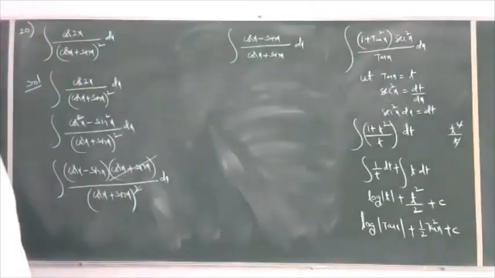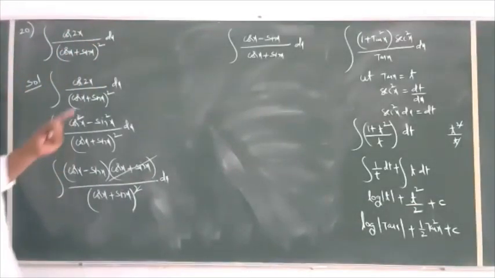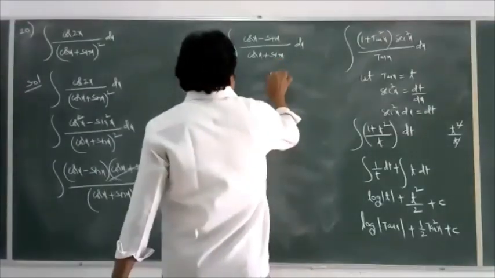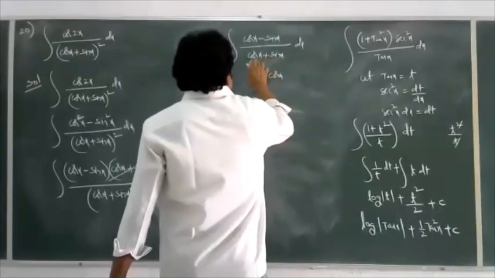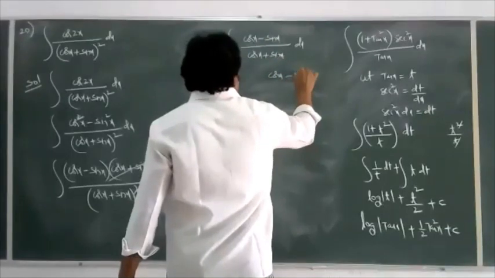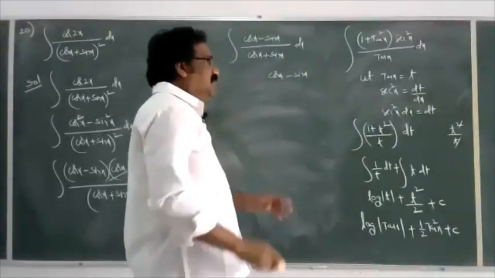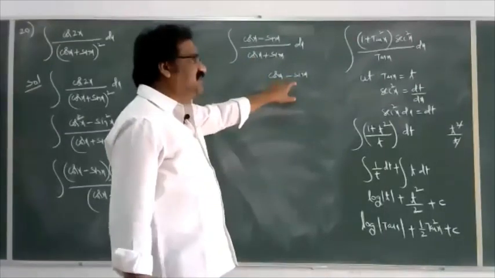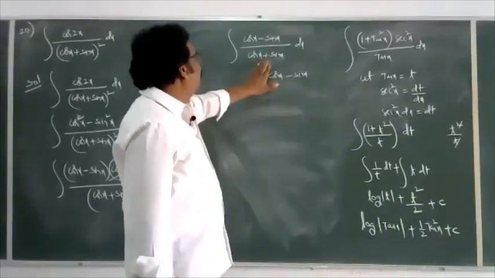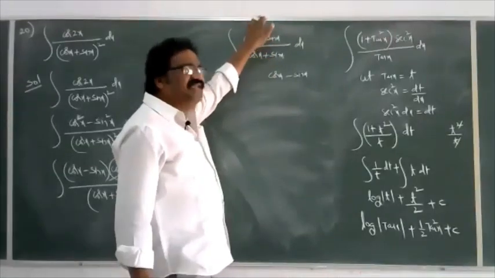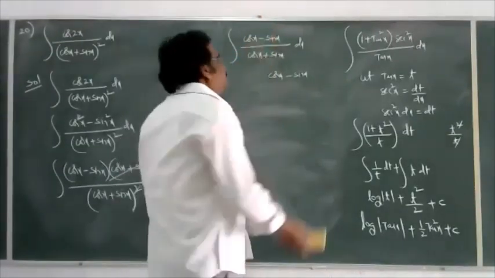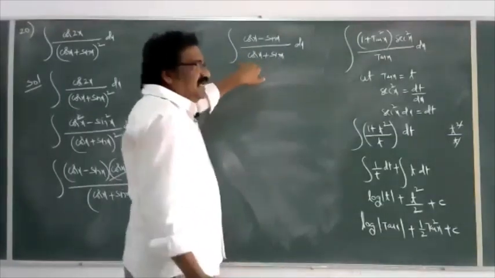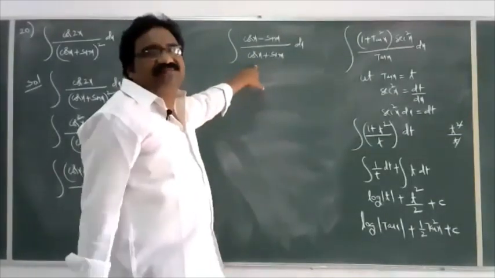So observe this. Denominator derivative exists in the numerator. Why? Sin x derivative is cos x, plus cos x derivative is minus sin x. That's why the denominator derivative exists in the numerator. That's why you take the denominator as t. That is the substitution method.